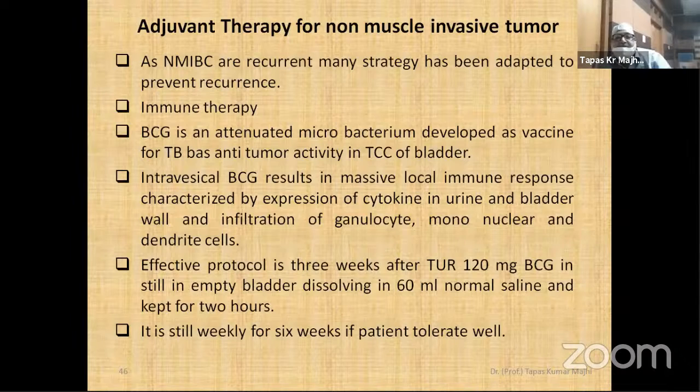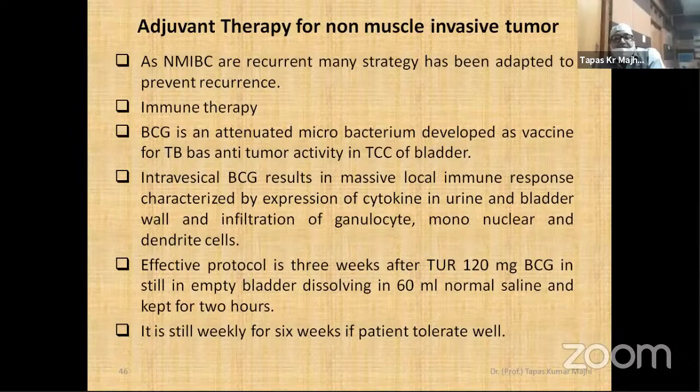BCG, an attenuated mycobacterium developed as a vaccine for TB, has anti-tumor activity in TCC of the bladder. It has been proved that intravesical BCG results in a massive local immune response, characterized by expression of cytokines in the bladder wall and urine, and infiltration of granulocytes, mononucleocytes and dendritic cells. These dendritic cells have a tumor-killing effect and destroy the small tumor.